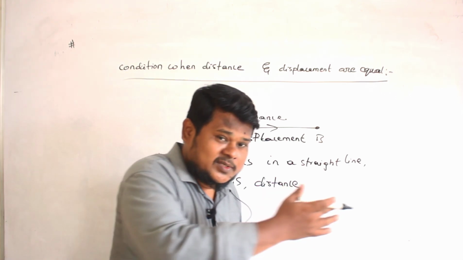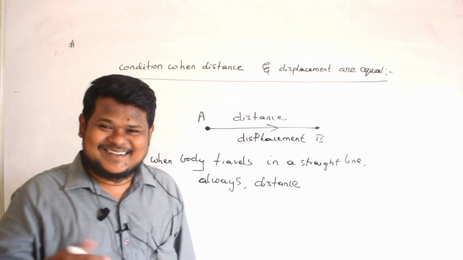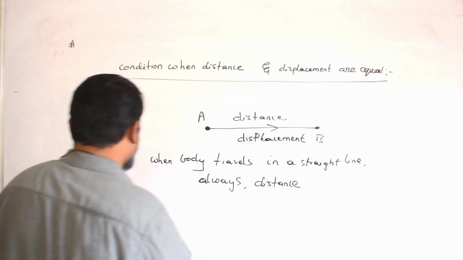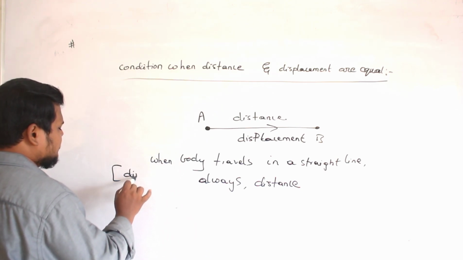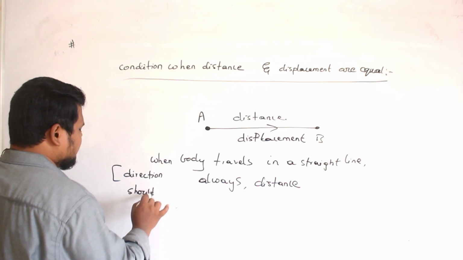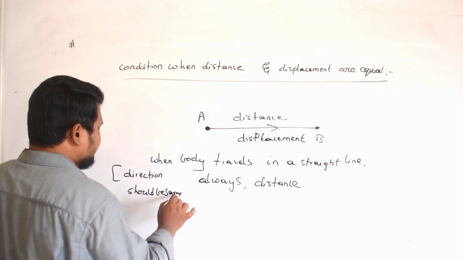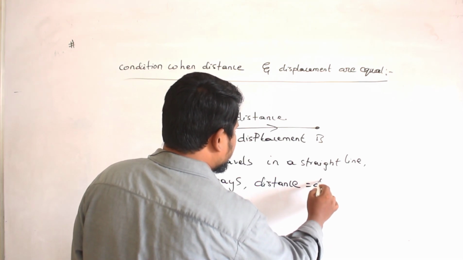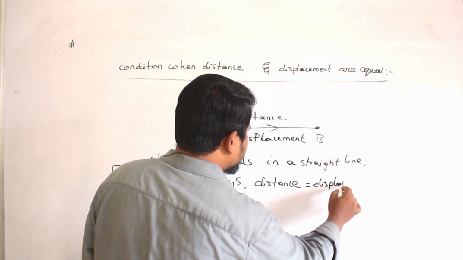Otherwise, if he moves like this and returns back, then distance and displacement will be different. So here I will write, direction also should be the same. Clear now? Then in this condition, distance is equal to displacement.